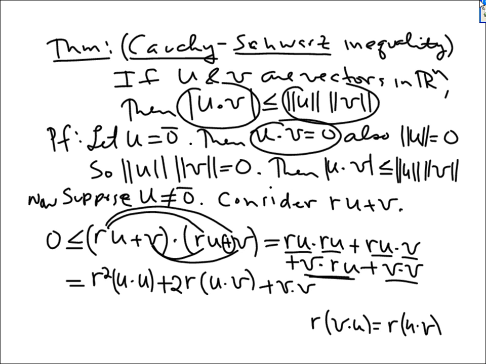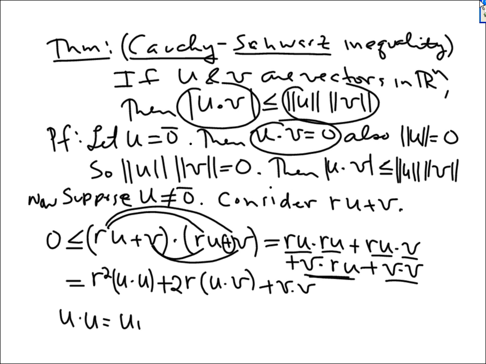Now let's look at what happens when you dot a vector with itself. When you do u dot u, u is u1, u2, up to un.